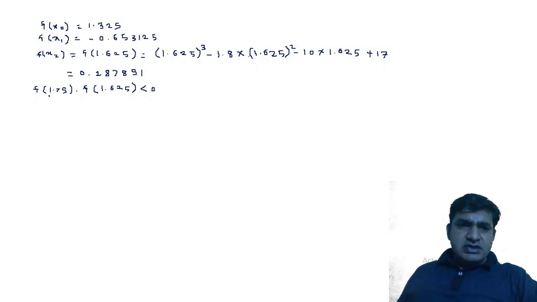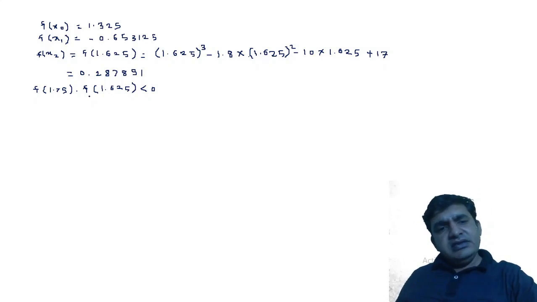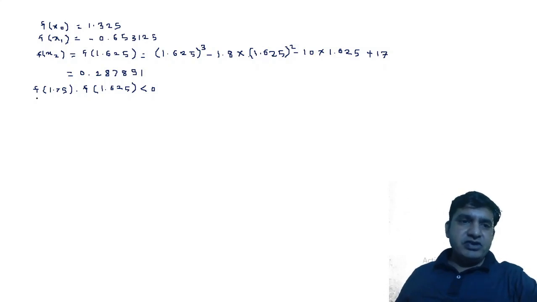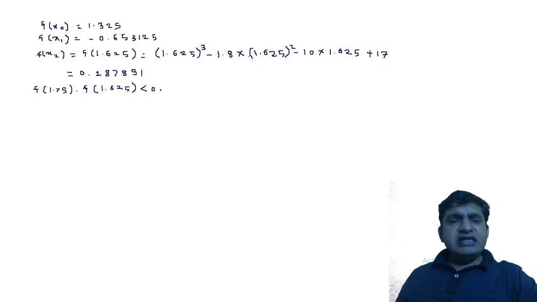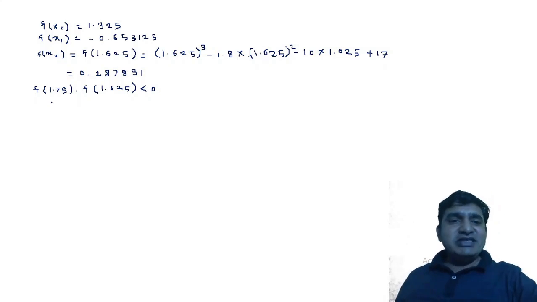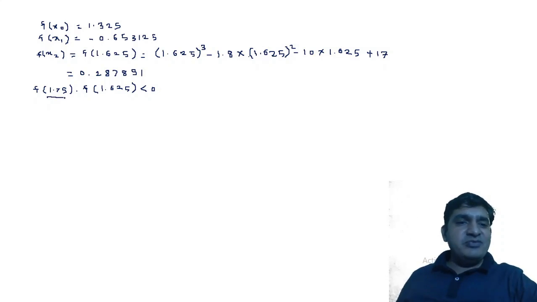The value of f of 1.75 is negative and f of 1.625 is positive, and therefore its multiplication is less than 0, and therefore we can say that the root lies in between 1.75 and 1.625.